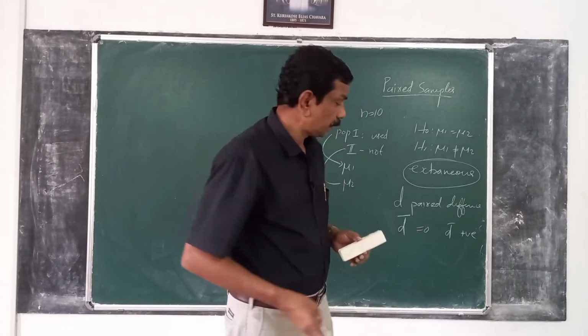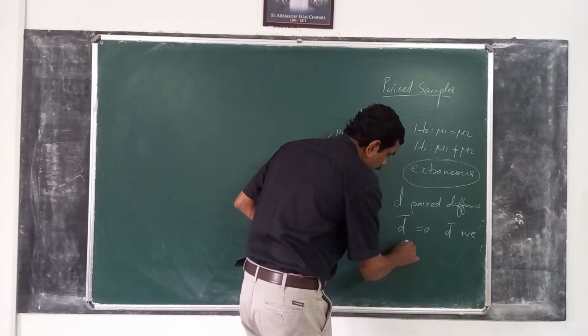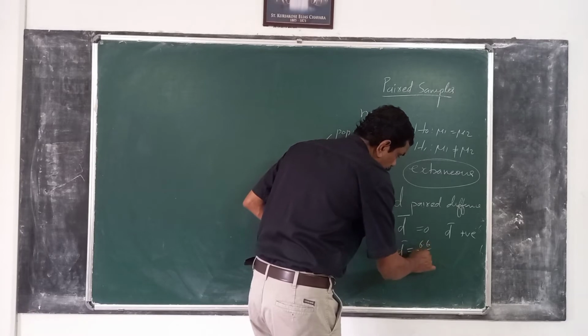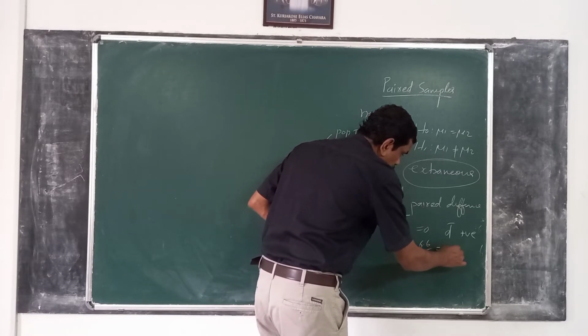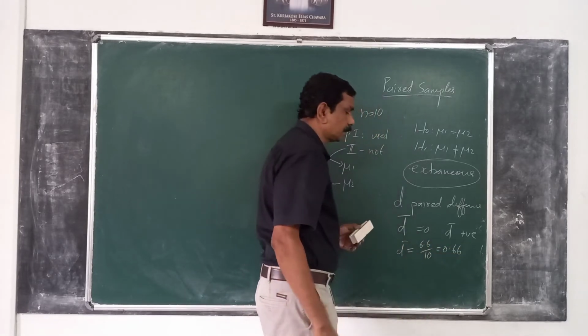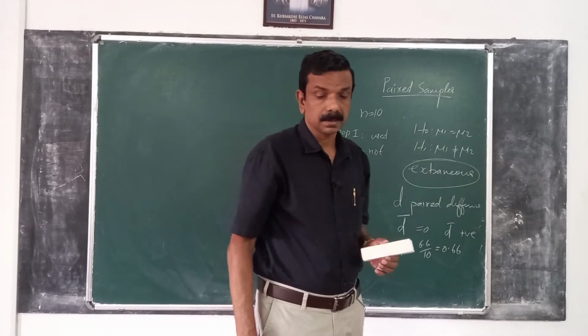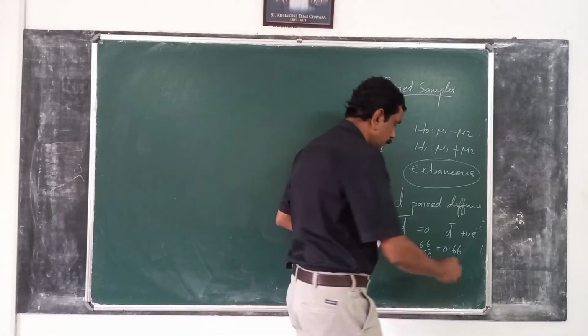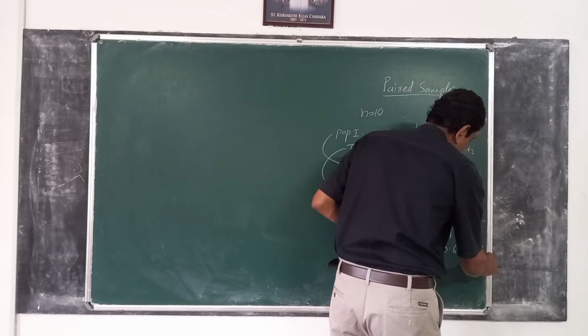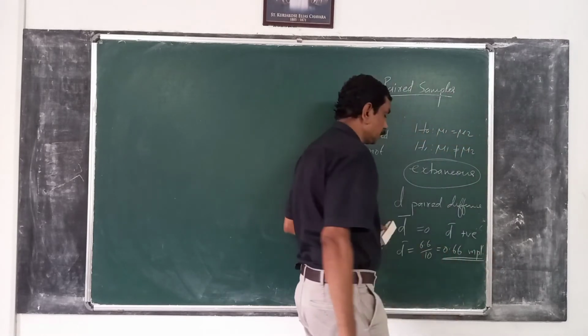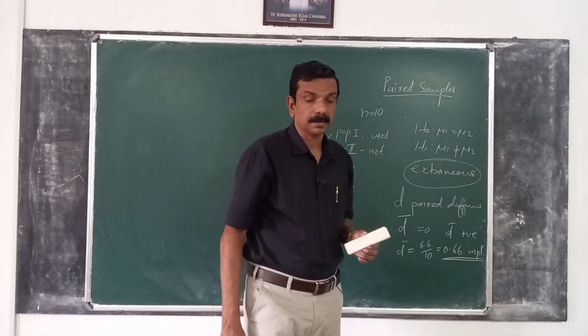And in our case, D bar is 6.6 divided by 10, that is 0.66 miles per liter.